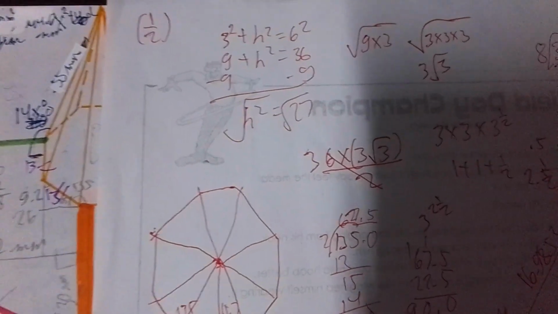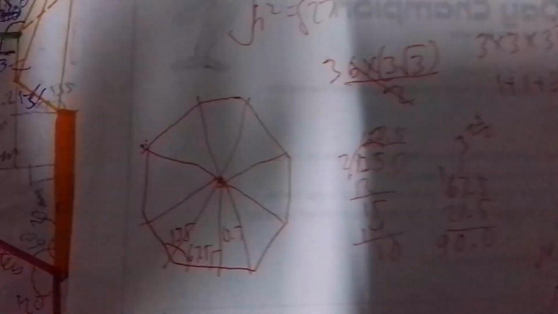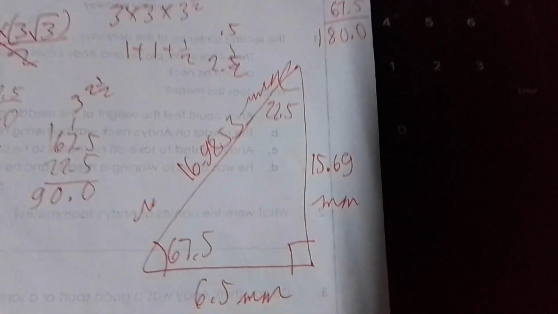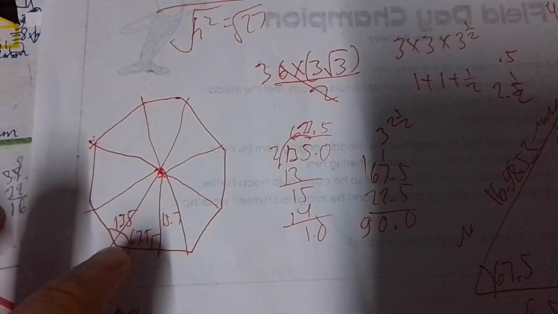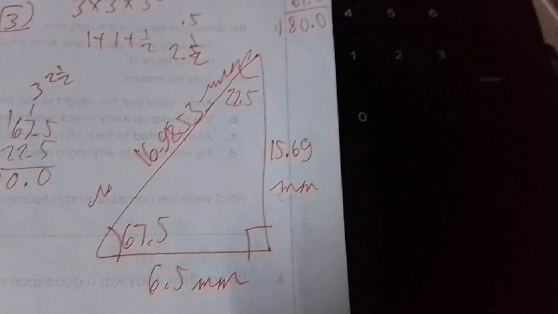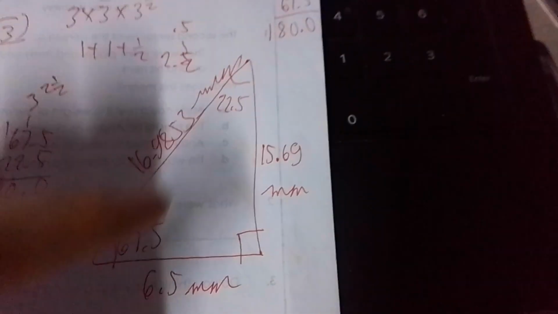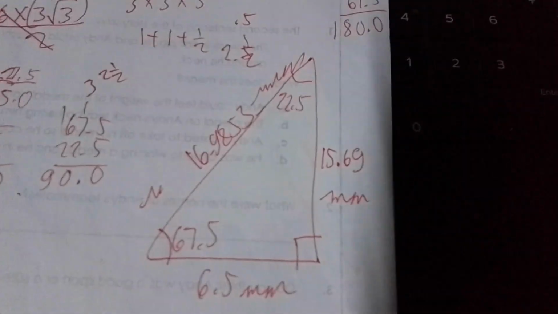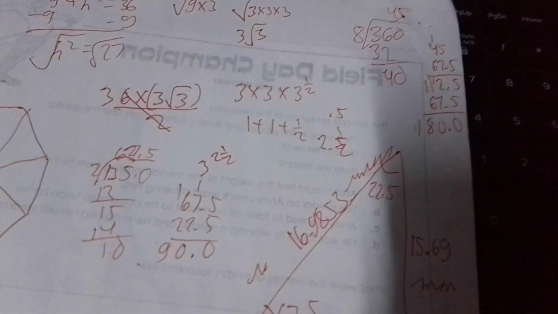Now we want to get the apothem. We need to play the game called SOHCAHTOA. Remember, this is what we did. We got one right triangle right here, and this is how I worked on it. So remember, this is 67.5, and this is 13 mm. Dividing the two, we get 6.5 millimeters. So what we need to do is to get this side. If we have 22.5, we're looking for the adjacent. If we use 67.5, we're using the opposite.